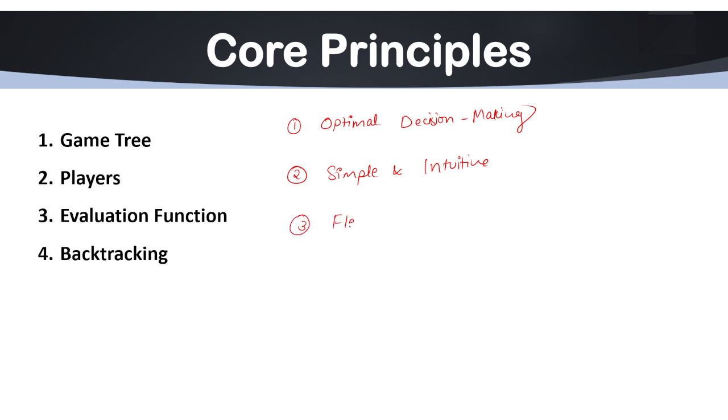Another is its flexibility. It can be applied to a wide range of games and decision-making scenarios like board games. So it gives us flexibility of coding or selection of the results. Another is predictive power. As this algorithm uses depth first search, it ensures that all possibilities are explored clearly.